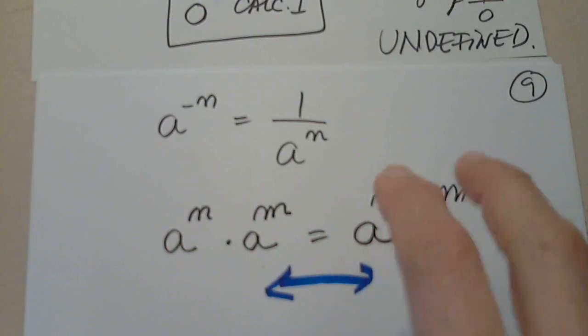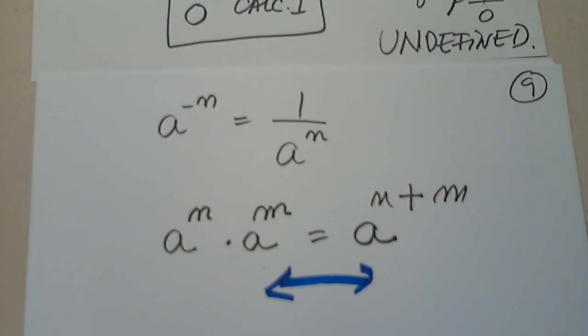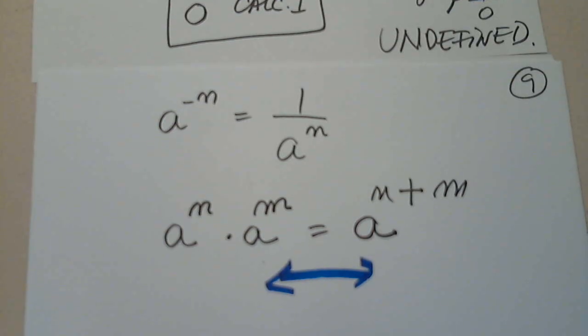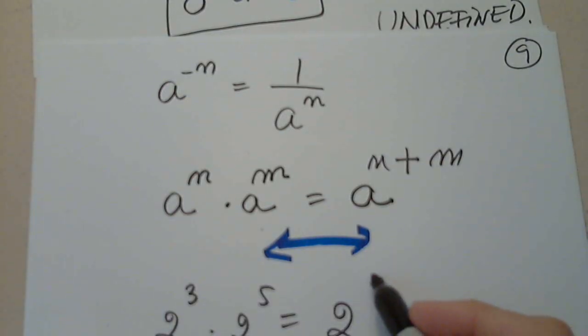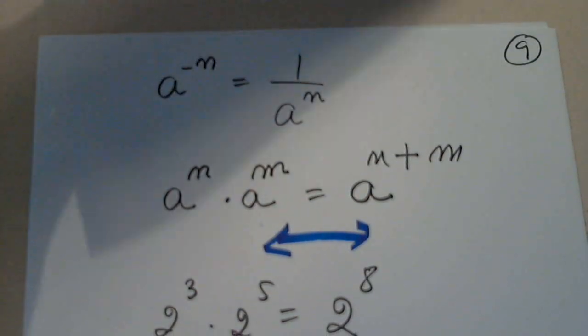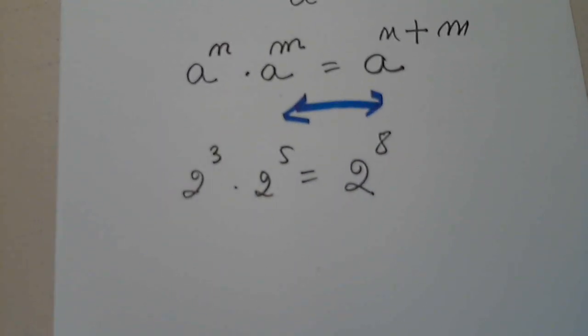And add the exponents. So 2 to the third times 2 to the fifth. I copy the base, add the exponents, and I get this. This is nice and beautiful. But what we are really interested in is this.